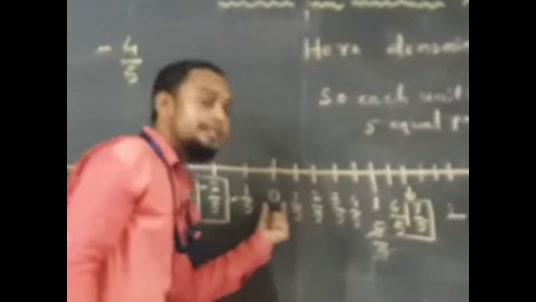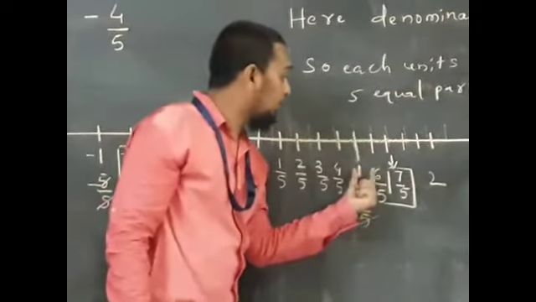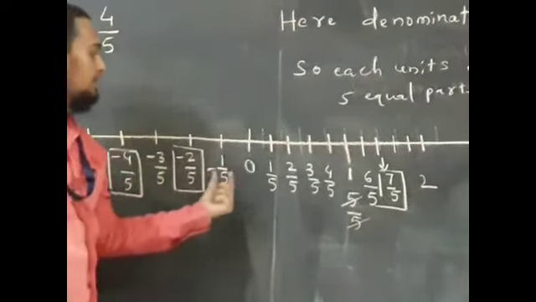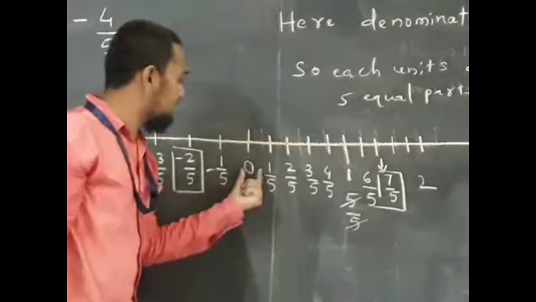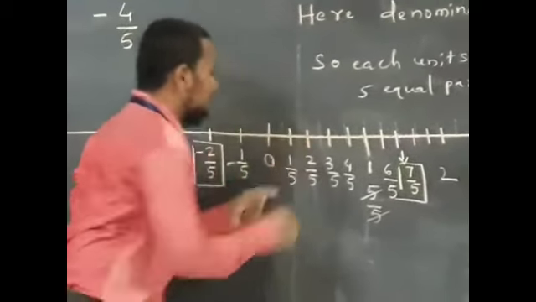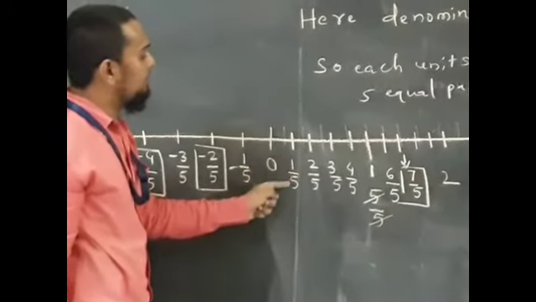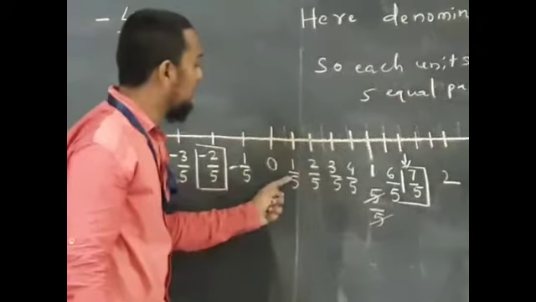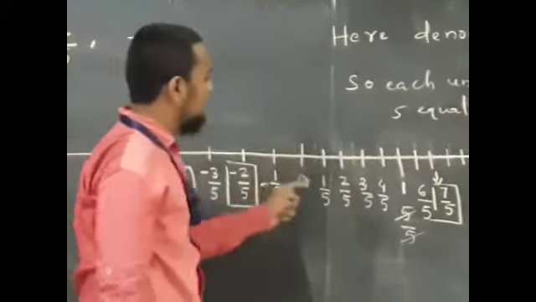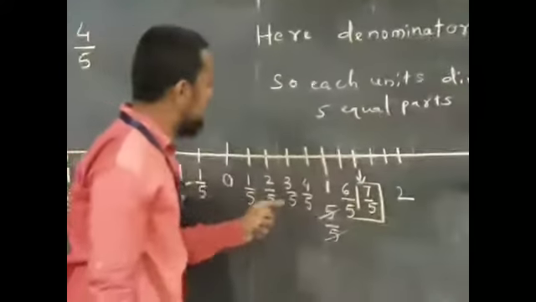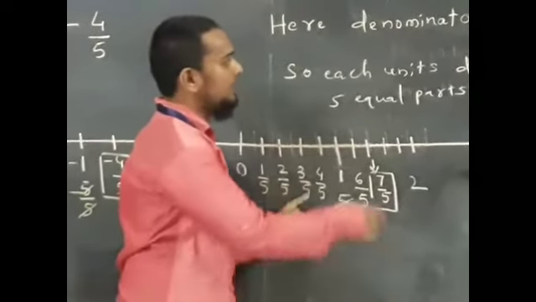Here between 0 and 1 there are 5 units. 0 as it is, 1 upon 5 means 1 unit, denominator is 5. Here 2 units, denominator 5. 3 units means denominator 5.